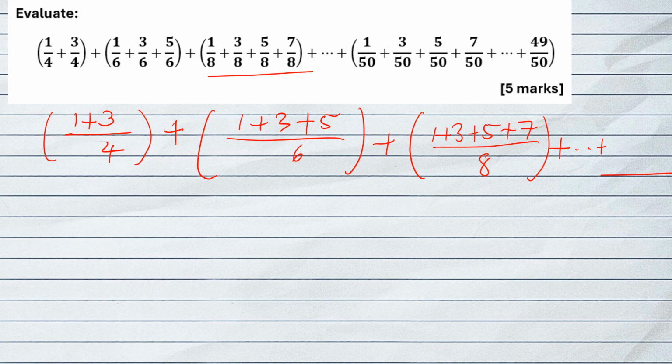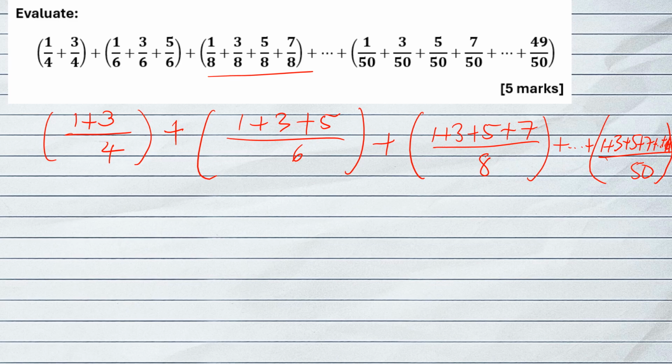Here the denominator is 50, on the last term. Let me see how I can write this because of space. So here it's 50, then we have 1 plus 3 plus 5 plus 7 plus dot dot dot up until plus 49. Okay, so this simplifies a bit.